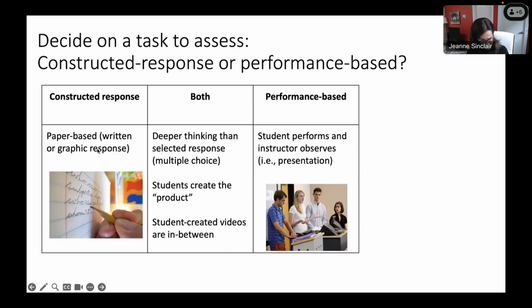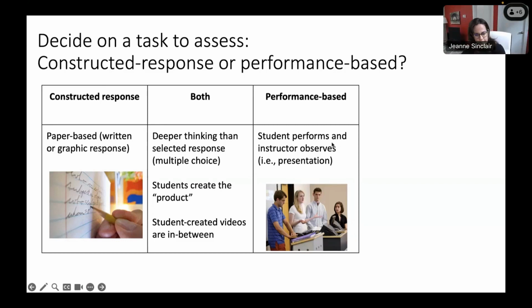Constructed response tends to be something that the students construct and then turn in to you, and you evaluate it based on a rubric or a set of criteria. Often this is an essay, or it could be an infographic, or some kind of collage. It could be both graphic or written. Okay, that's a constructed response.